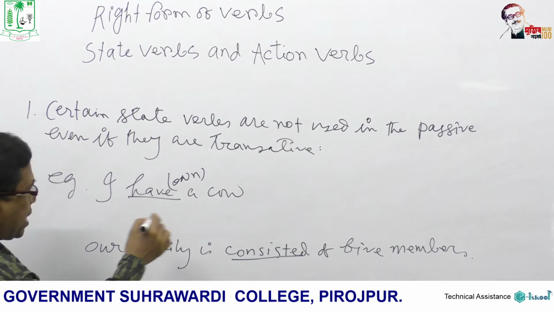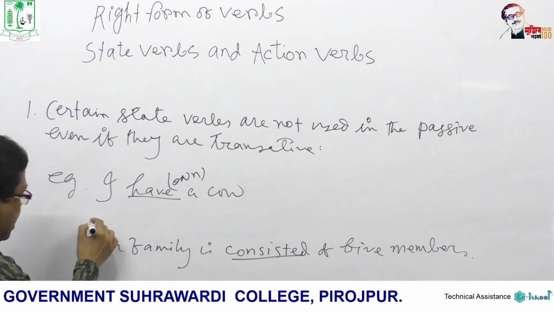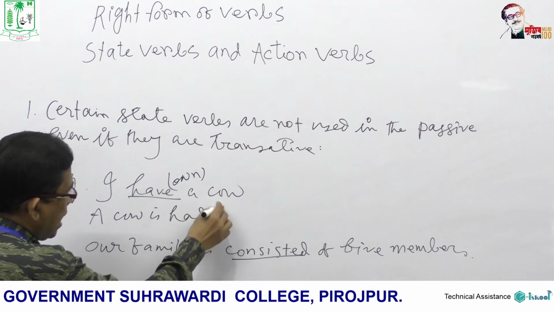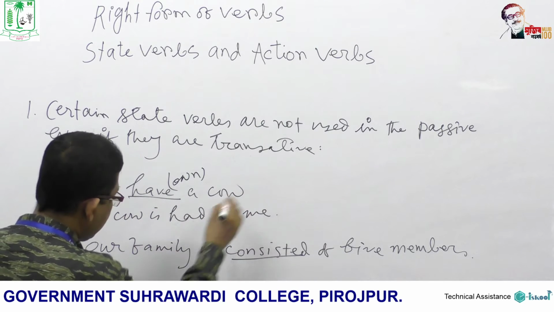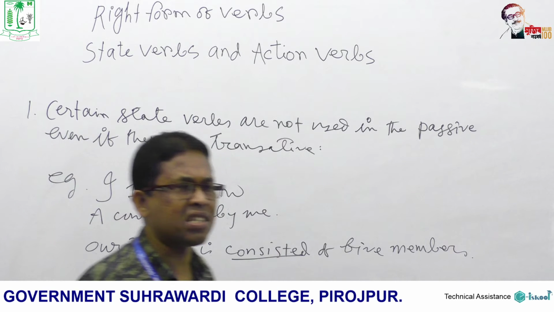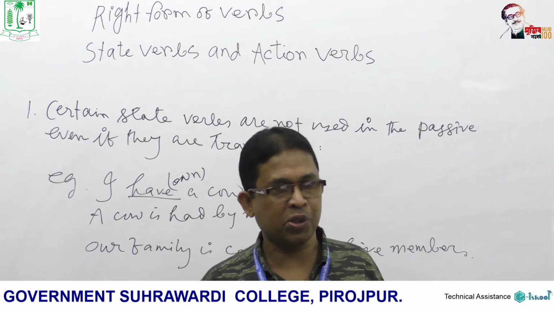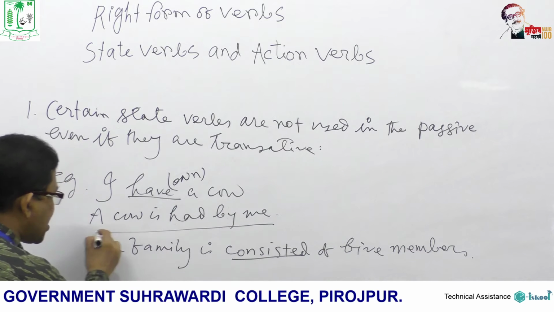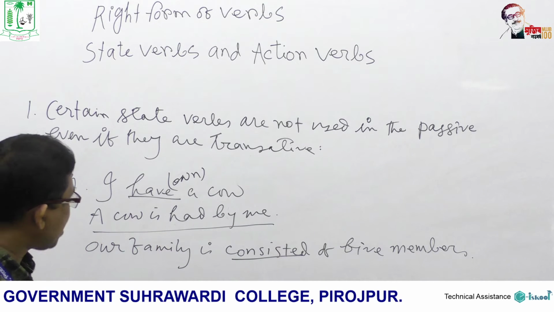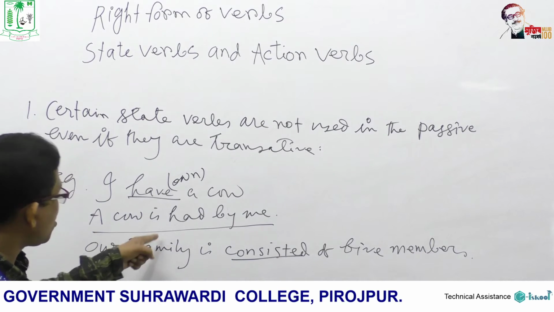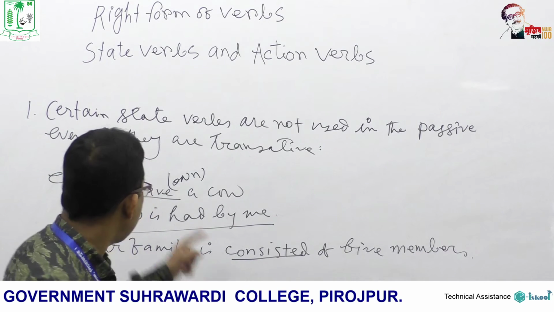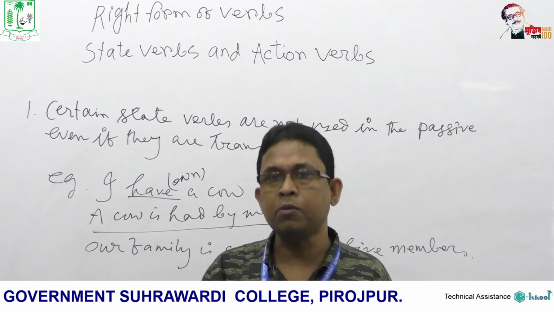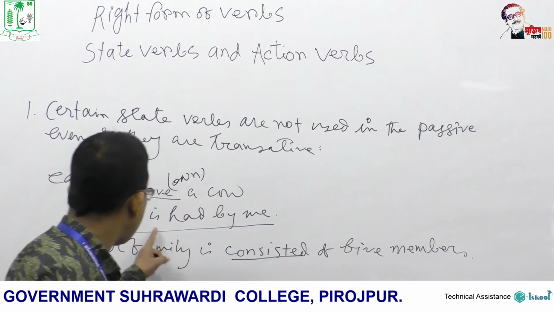If you make it passive, that is, a cow is had by me. Supposing that you have some idea about passivization, grammatically there is no mistake here. A cow is had by me, but we should not do it, because have is such a state verb. When it means own, it cannot be used in the passive.